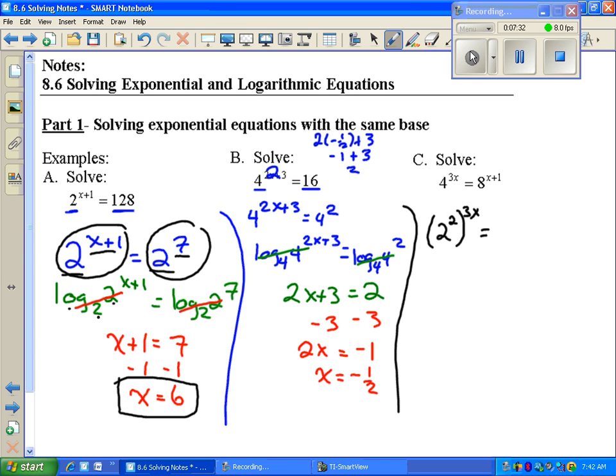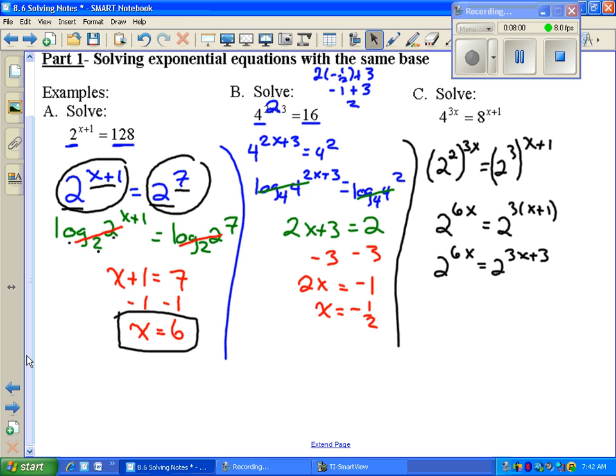And I need to think of 8 as 2 cubed to the x plus 1 power. Remember, power to a power, I multiply. So this is 2 to the 6x is equal to 2 to the 3 times x plus 1, distribute it through. So 2 to the 6x is equal to 2 to the 3x plus 3.